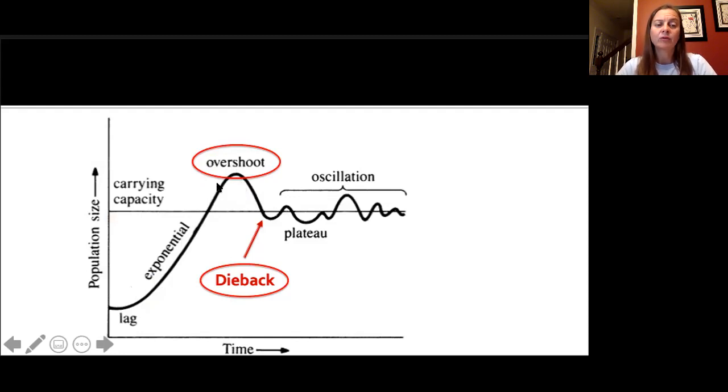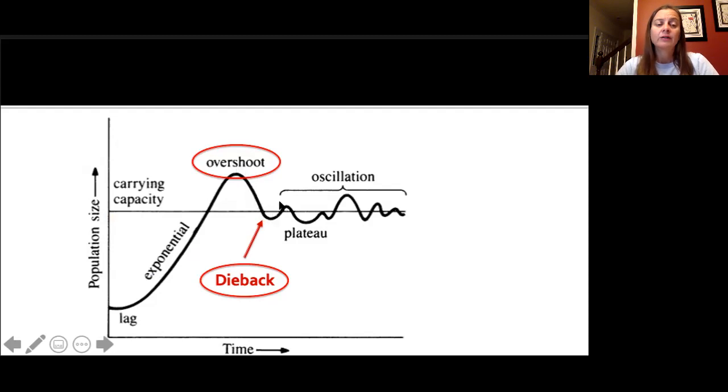So we have lots of organisms and they go past carrying capacity. There's not going to be enough resources for all of those individuals, and so many of them are going to die. And we're going to come back down below carrying capacity.